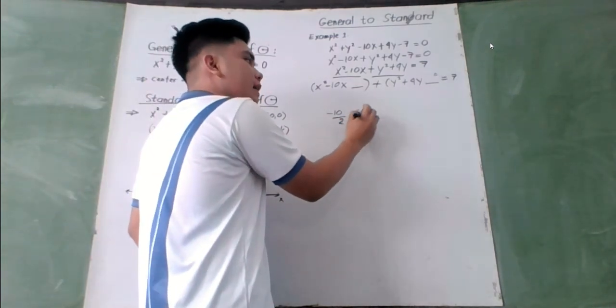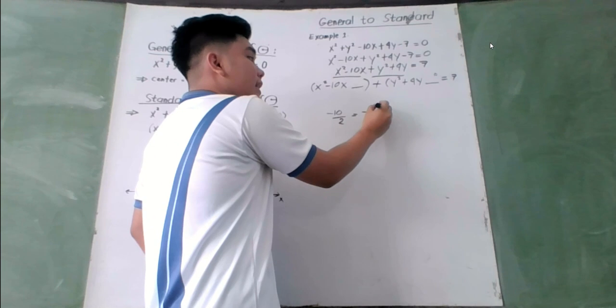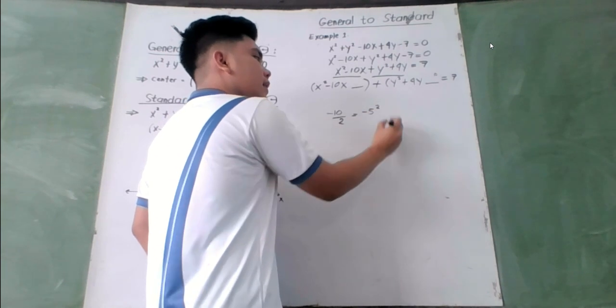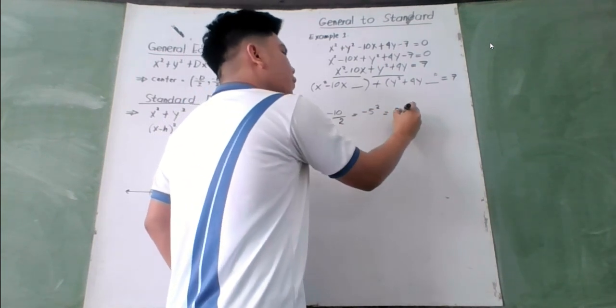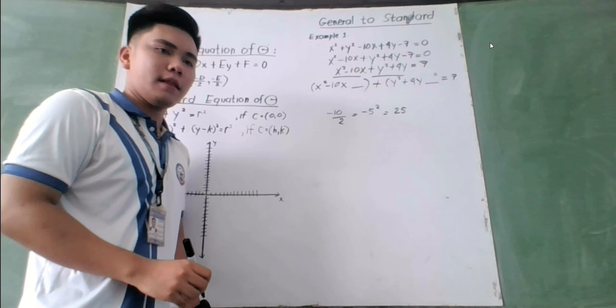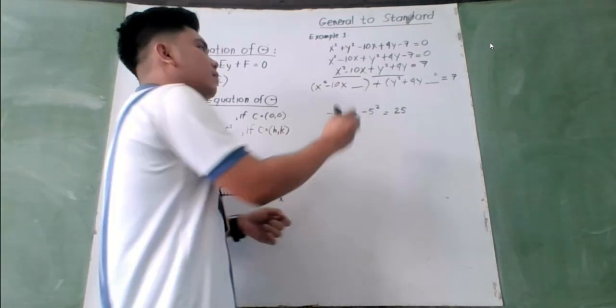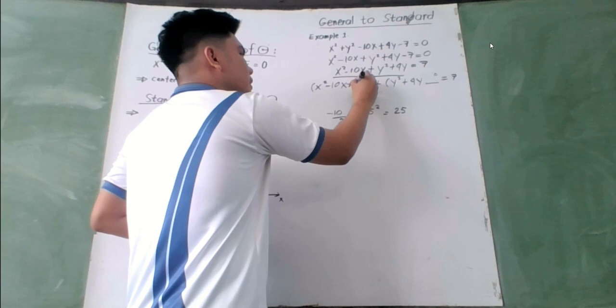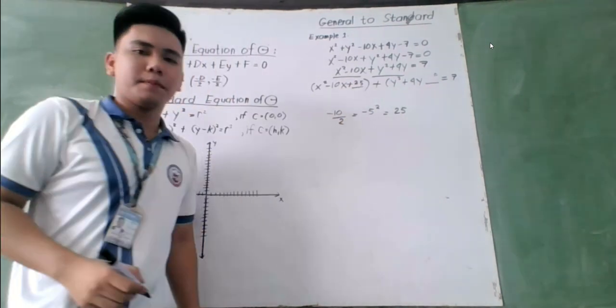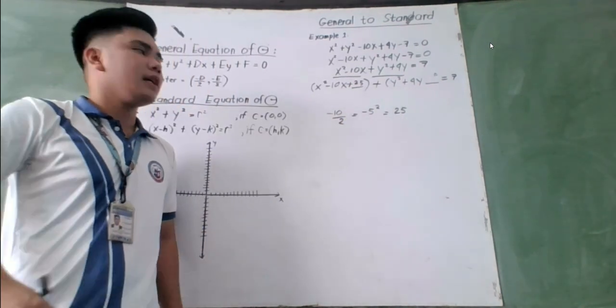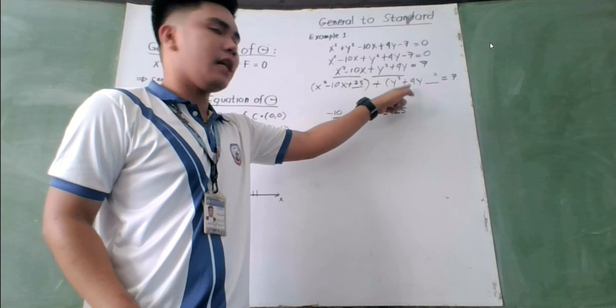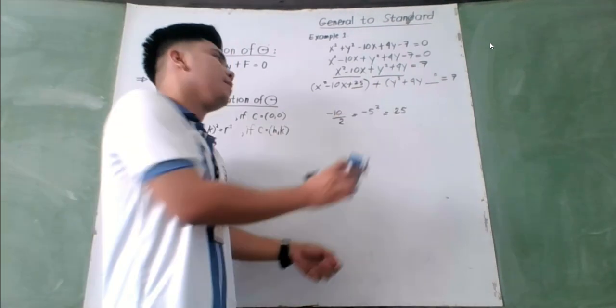Negative 5 squared is equal to 25. Therefore, this is now the additional part, the third term, plus 25.